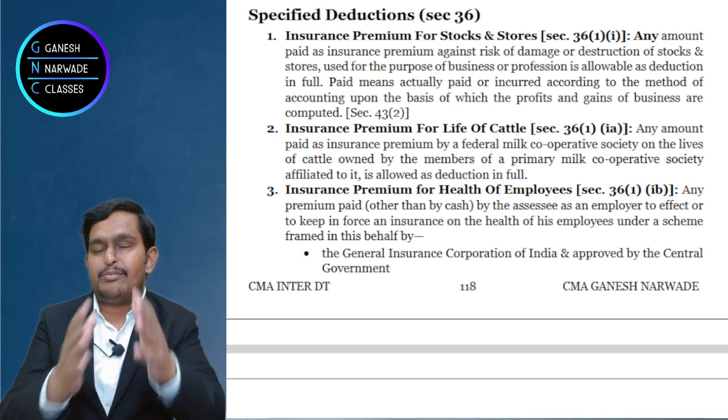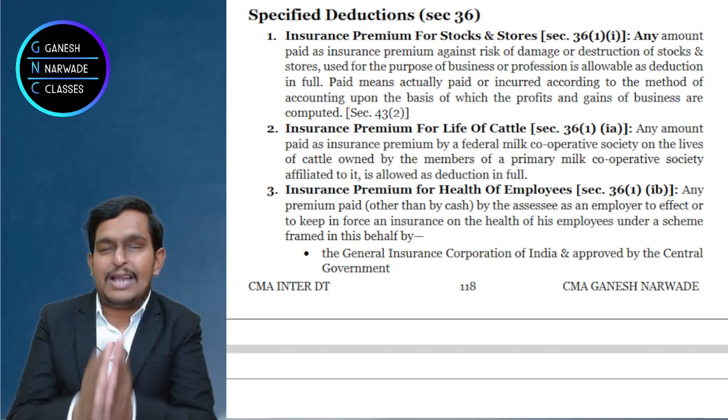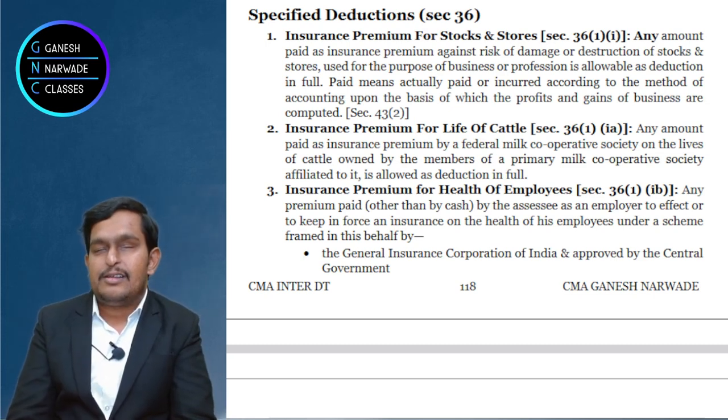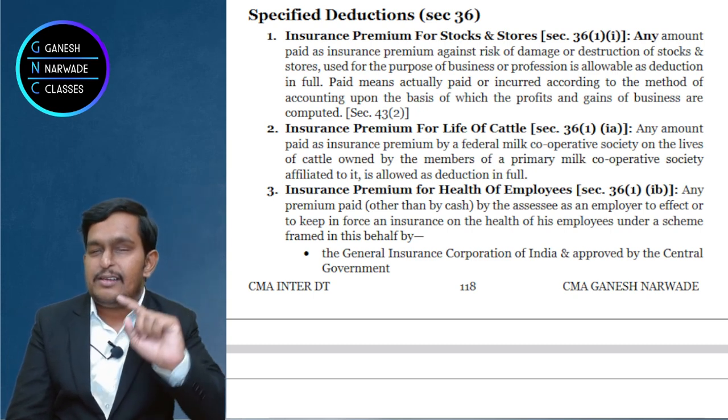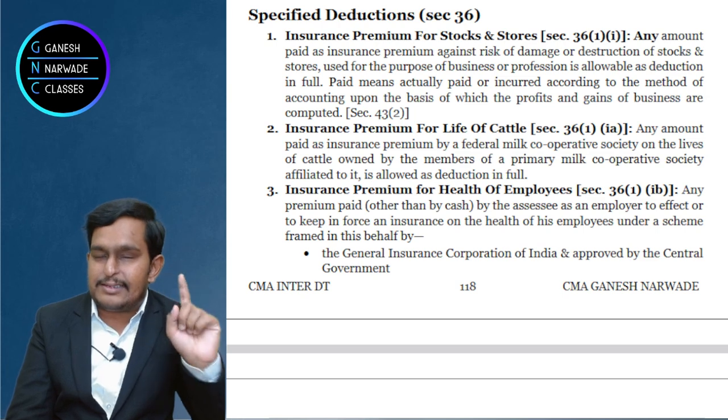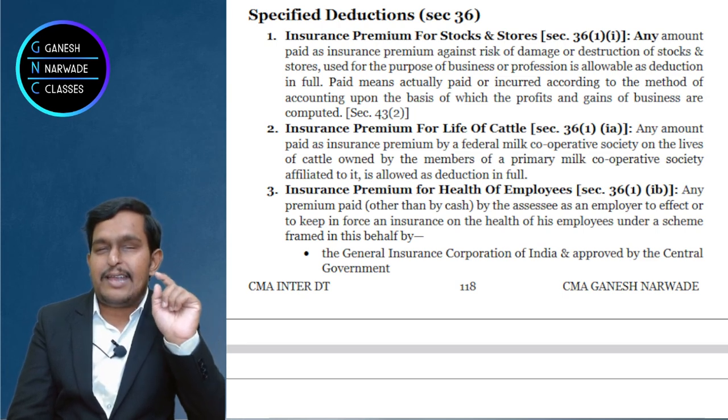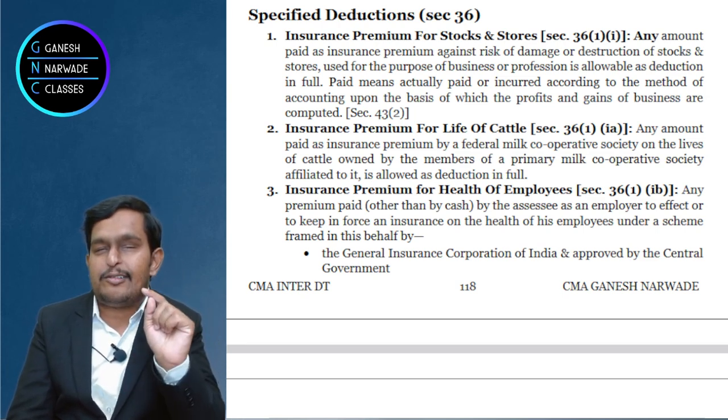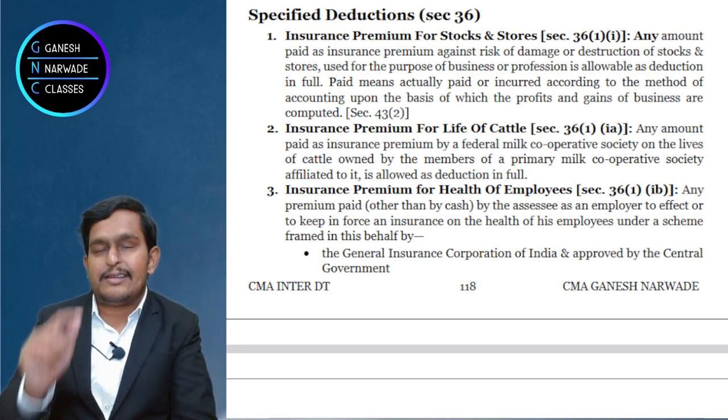Now business has buildings, business has plant and machinery also, correct? But insurance premium paid on the insurance of building is claimed as deduction under section 30. For plant and machinery and furniture, if you have taken insurance, you can claim it as deduction under section 31.